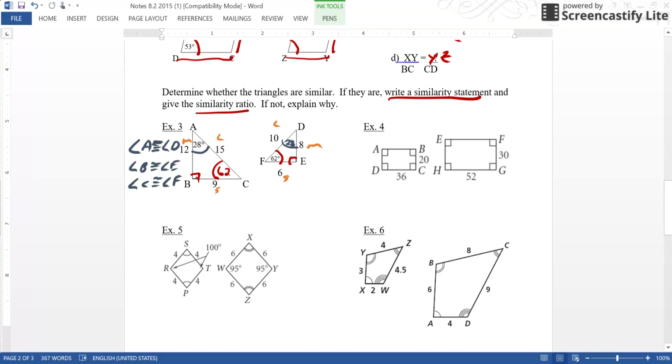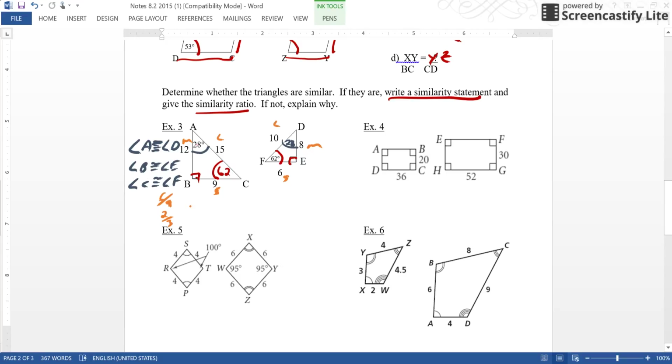So when I take a look at this, my small is going to be 6 over 9. Okay? And here, let's write it like this. So 6 over 9. Okay, and that reduces to 2/3.